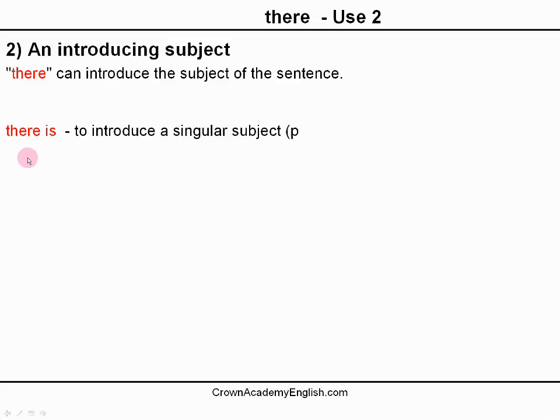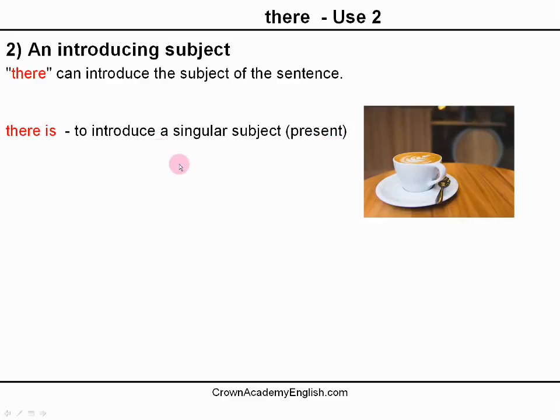So we use there is to introduce a singular subject in the present. Example. There is a cup of coffee on the table.